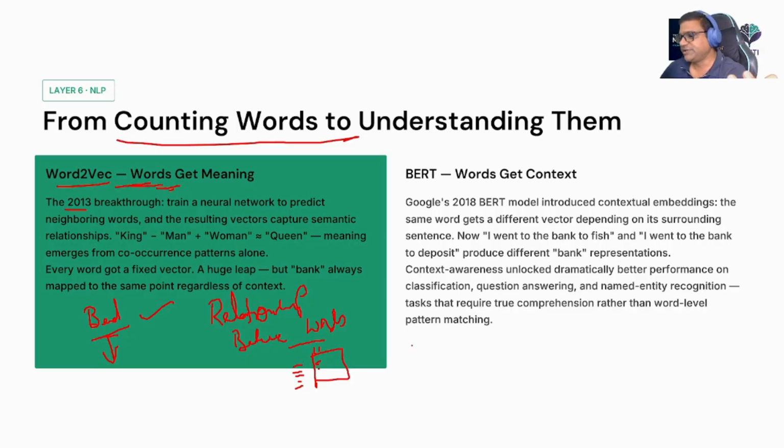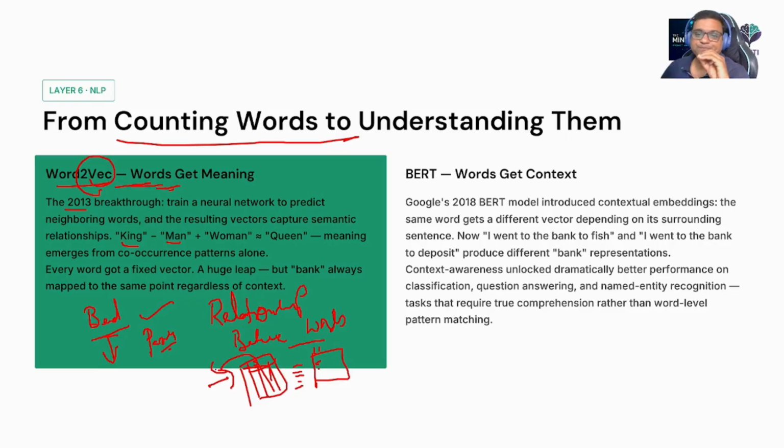For example, king is related to queen, man is related to woman, Paris is related to France, a country. This was a big breakthrough in NLP because words started getting meaning through numbers.